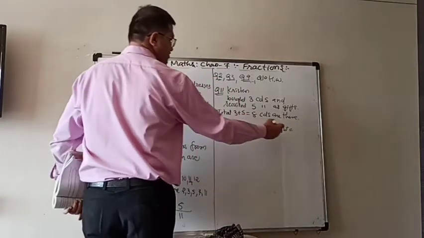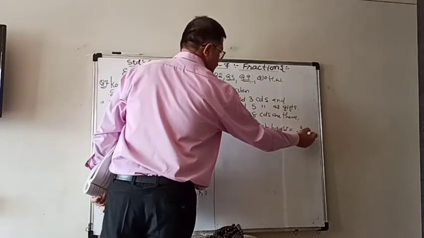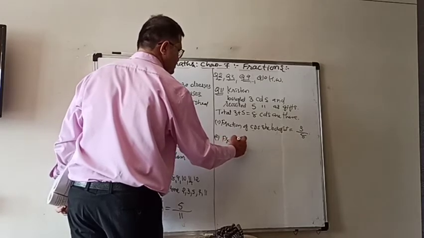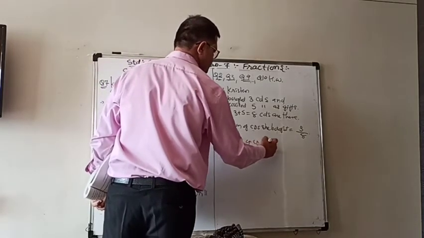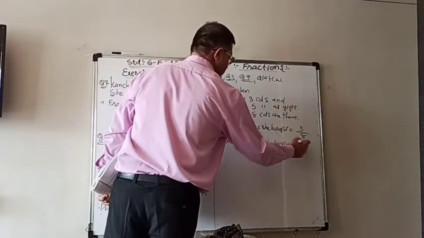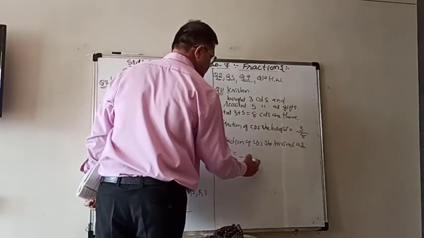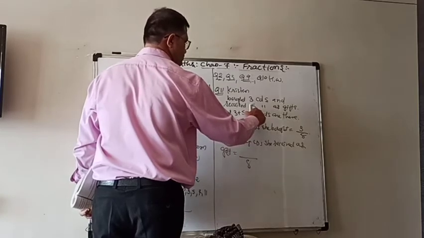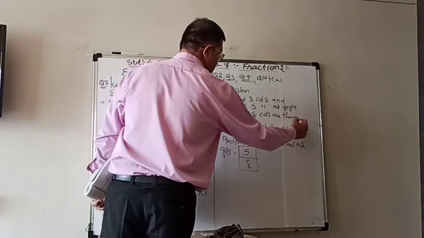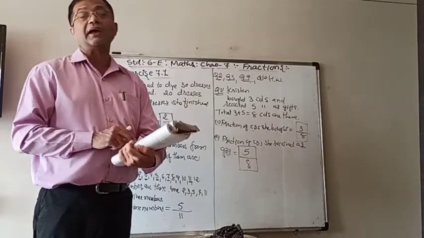Total 8 CDs. She bought how many? 3 CDs. So that fraction is 3 by 8. And the second is the fraction of CDs she received as gift. So out of 8 CDs, 5 she received as a gift. So the fraction is 5 upon 8.